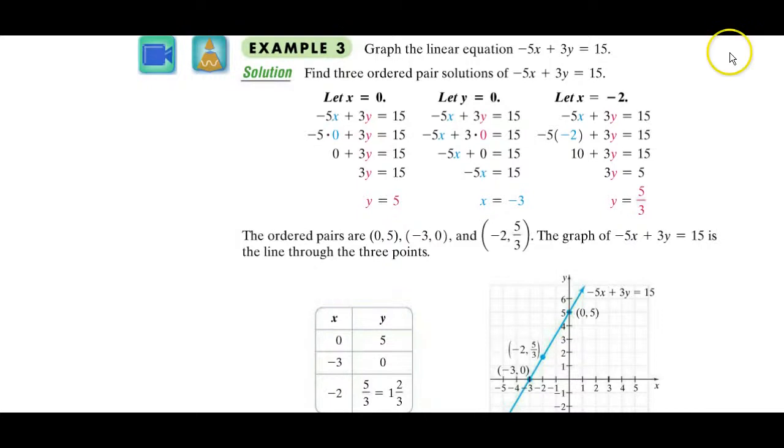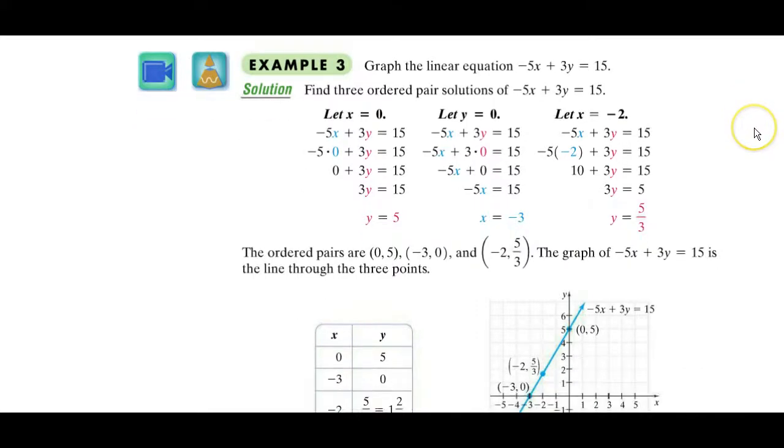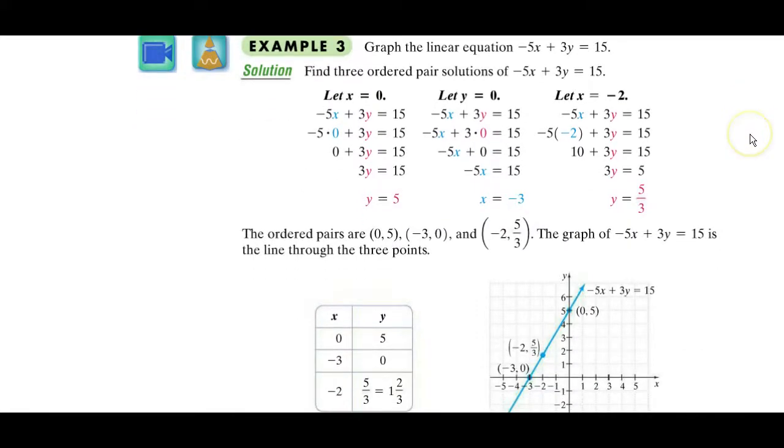So let's just take a look at this one here. Again, I would strongly suggest that you use a T-chart as the method best served for this type of work. Now, here they're introducing something, and I like this because I want to do this too.